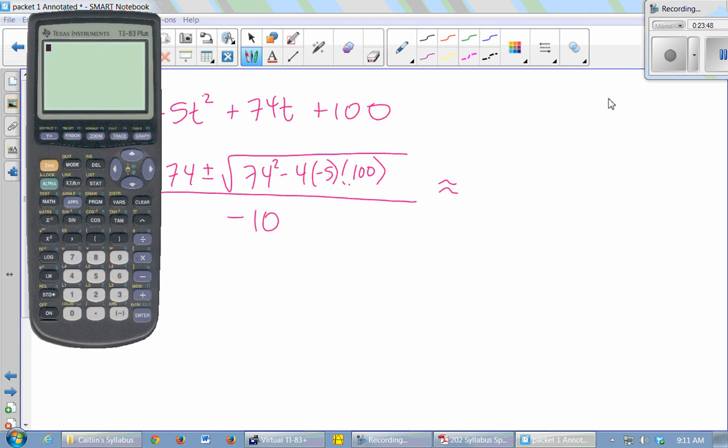All right. Negative 74 plus the square root of negative 4 times negative 5 times 100, divided by negative 10. So I get 2.93.